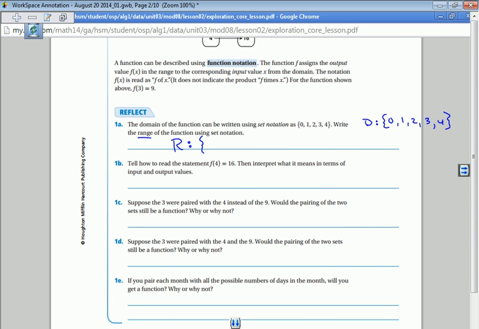Wait, did it contain 0? Yes, it did. Okay. So 0. What else was in the range? 1, 4, 9, and 16. Okay, so this is written as a set. Our domain is described this way. And whenever we have discrete data, when it's not continuous, we would write the domain and range as the sets here.